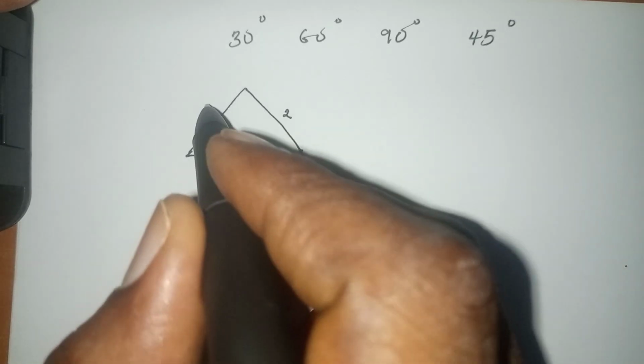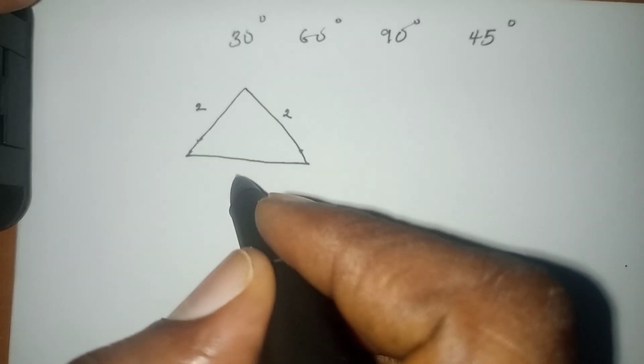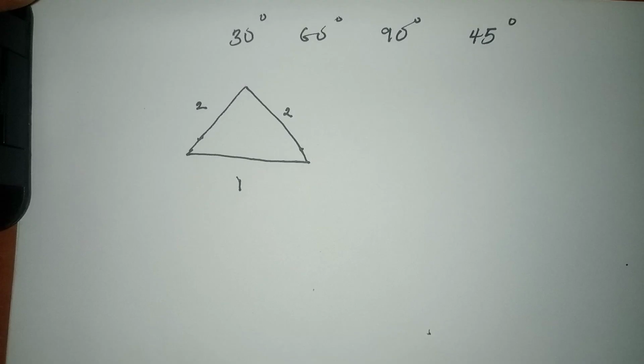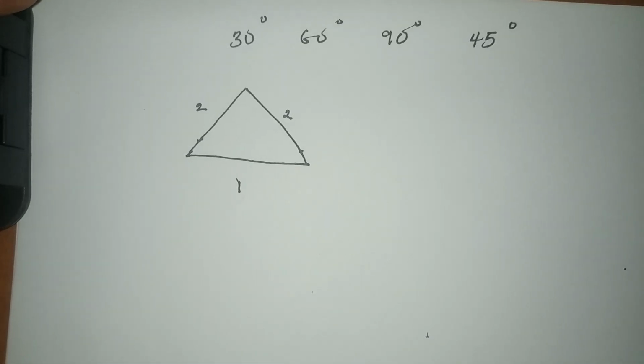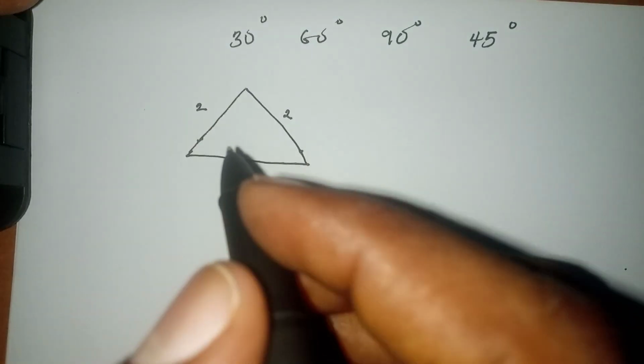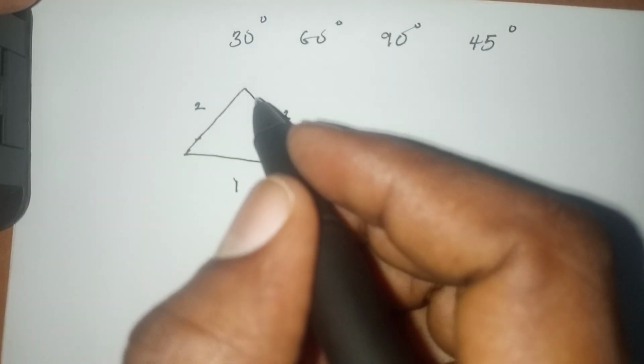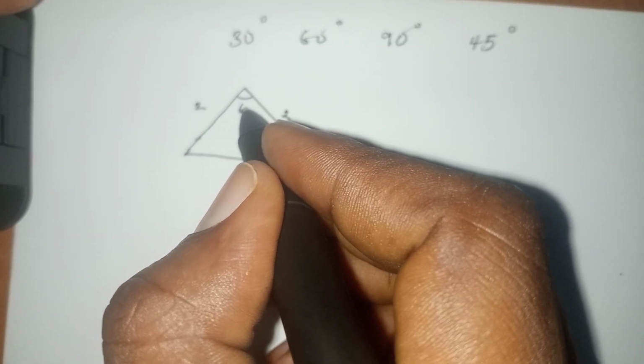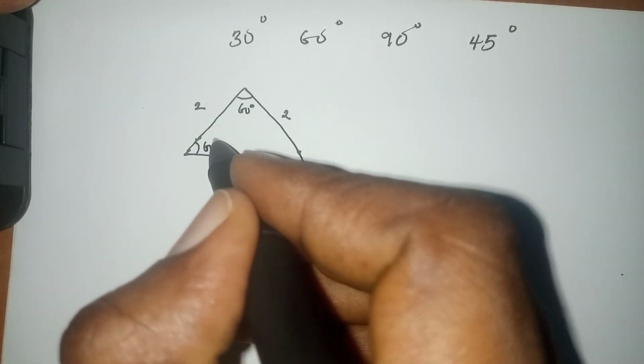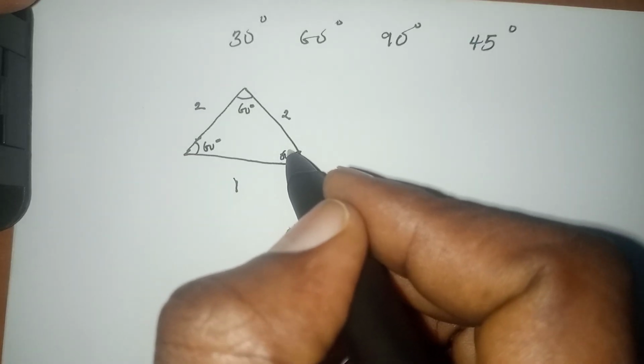So we have 2, 2, 2. All the angles are equal too. You know, it's an equilateral triangle. 60 degrees, 60 degrees, 60 degrees.